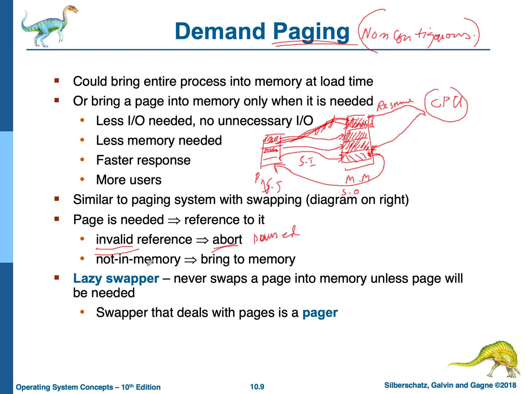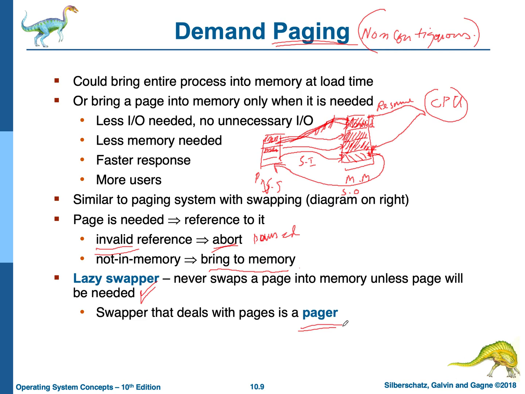Invalid means not in memory, and if it is not in memory, then bring it to memory. So the lazy swapper never swaps a page into memory unless the page will be needed. This is a good thing. A swapper that deals with pages is a pager. So this is how demand paging works.